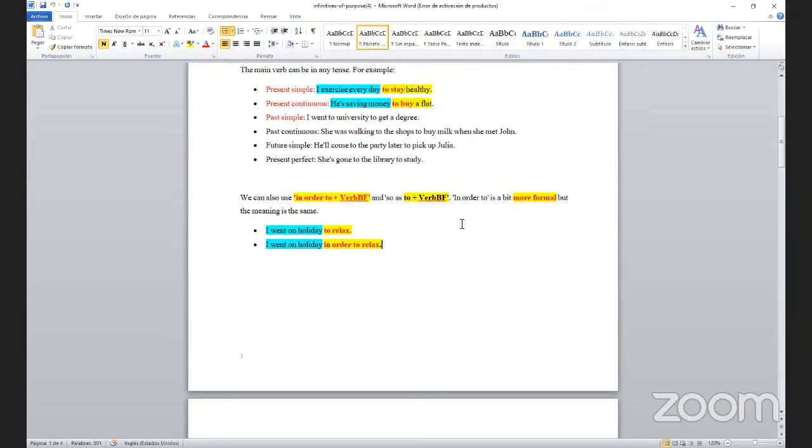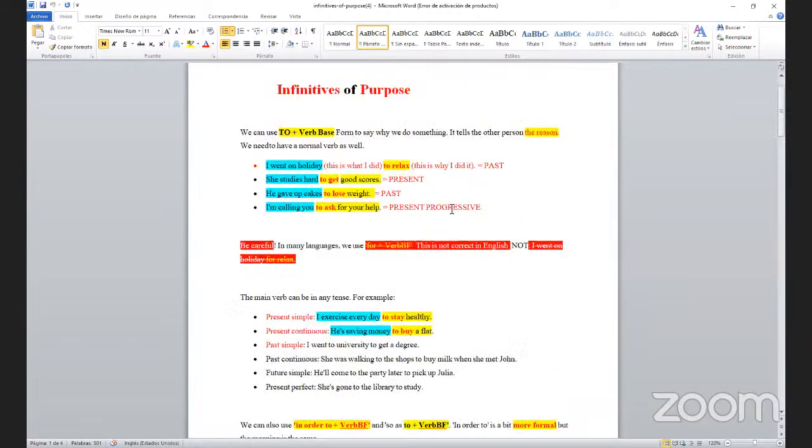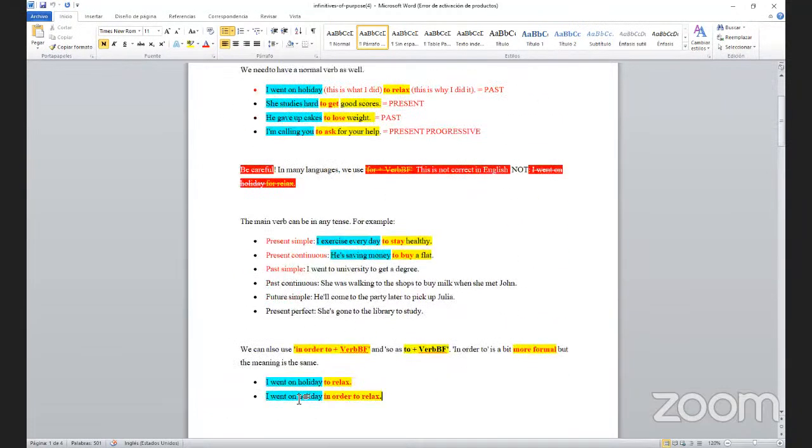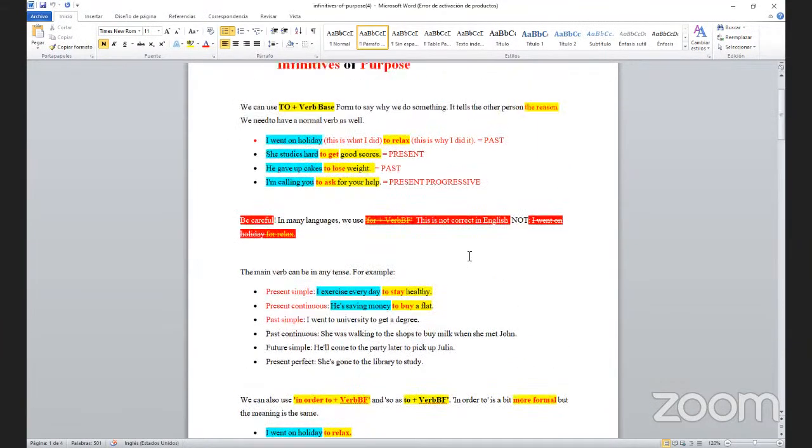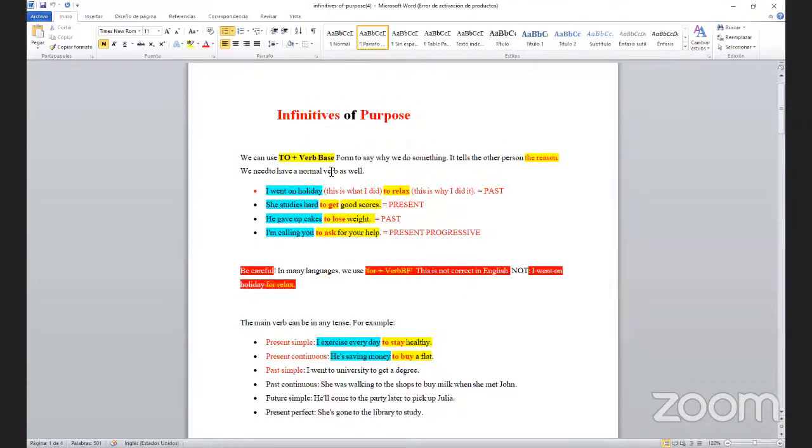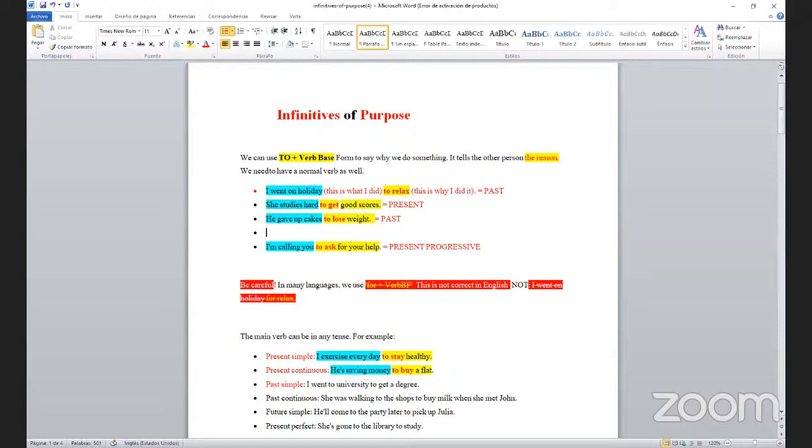This is the first part of infinitives, as we said before. But what happens when we use this in a negative way? In the first one, the informal way, we're going to convert the sentence into negative.